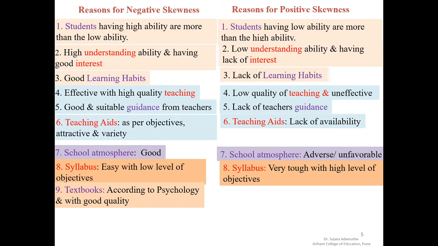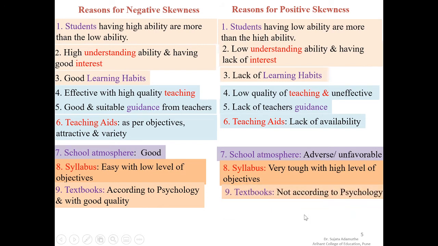Again, according to the age of the student, the pictures have been put there and learning resources and references have been given, then automatically the students will get high scores and negative skewness will be observed there.